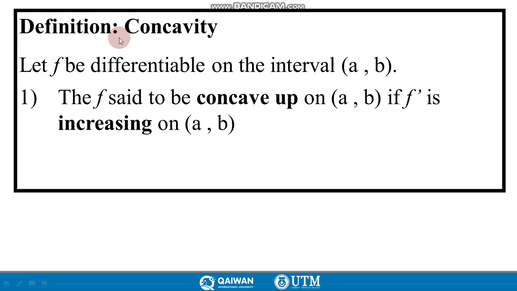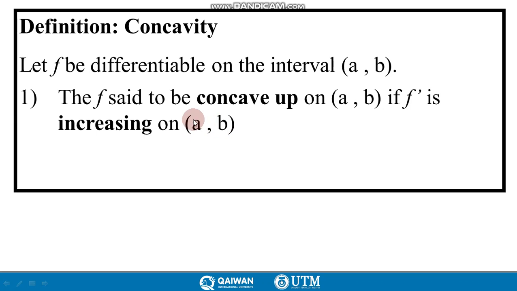Now we have the definition of concavity. For f a differentiable function on the interval ab, we say f is said to be concave up on ab if f prime is increasing on ab.